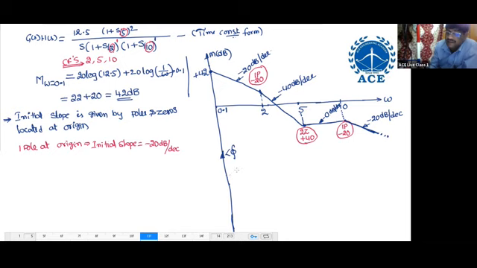Here, listen. No need to draw the 0 degrees line at all. Still, if you want, you can draw it. This is 0 degrees. Take the projections of the corner frequencies like this.